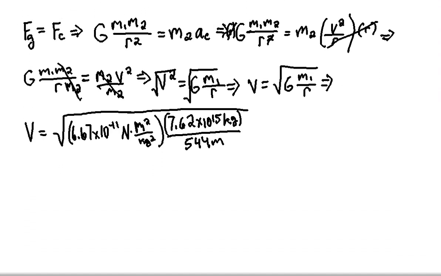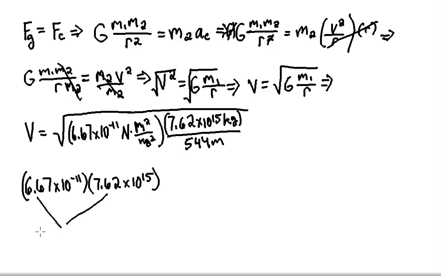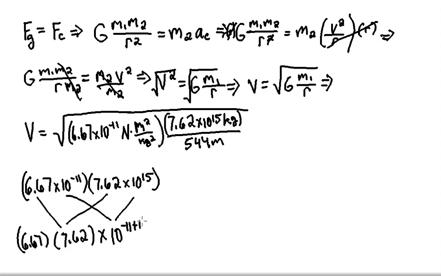All right, so let's work with just these scientific numbers first. So multiply these two decimals first. Then work with your exponents, times 10 to the negative 11 plus 15.